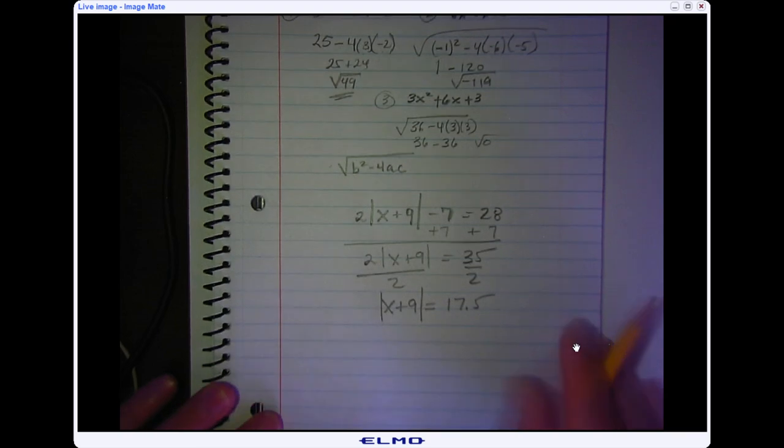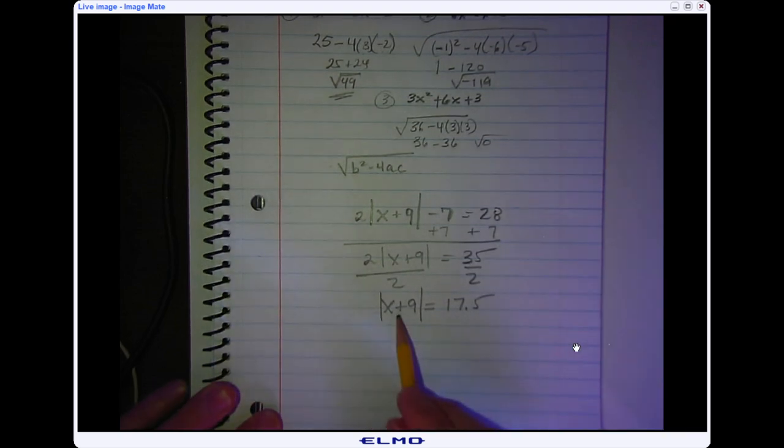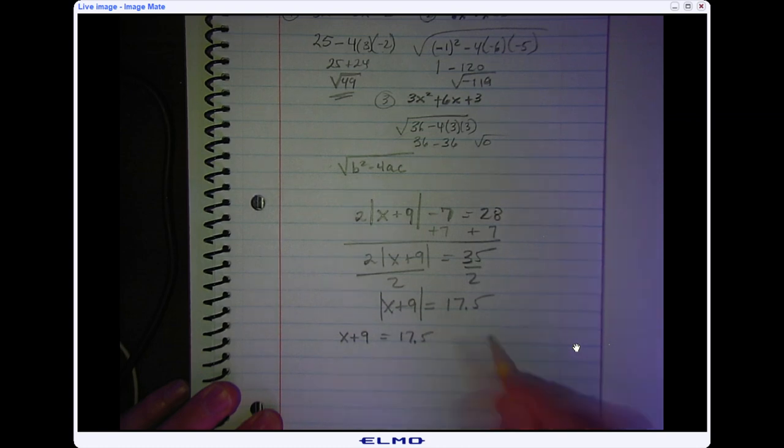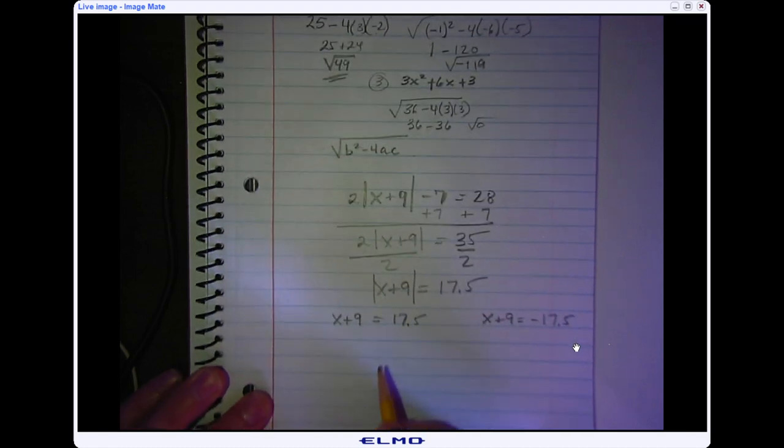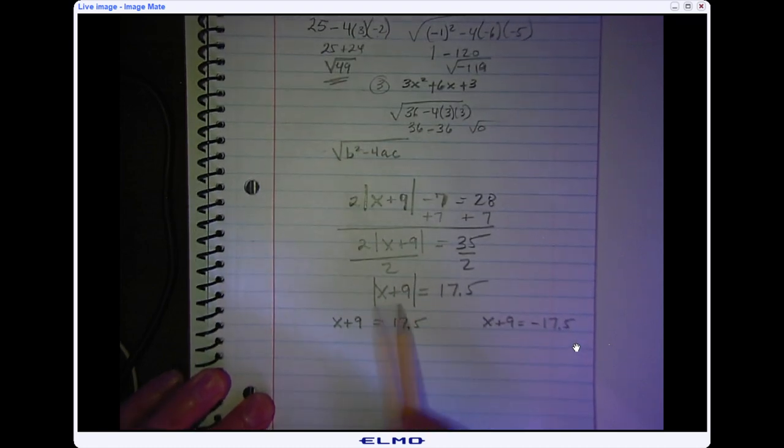Now what's special about absolute value is once you get to this stage, there are two possible solutions. So what you want to do is make x plus 9 equal to 17.5 and then make it equal to negative 17.5. And again, you don't do that until you get just the absolute value sign by itself.